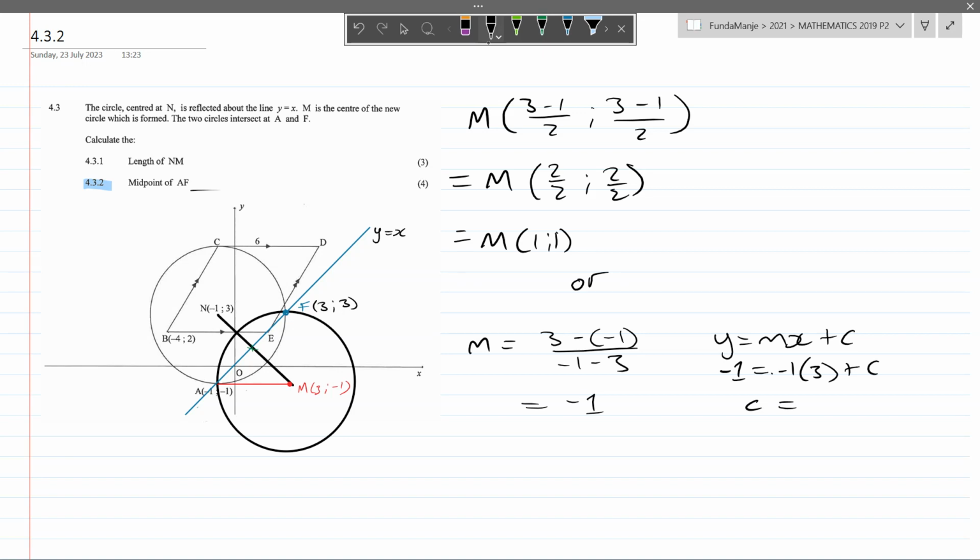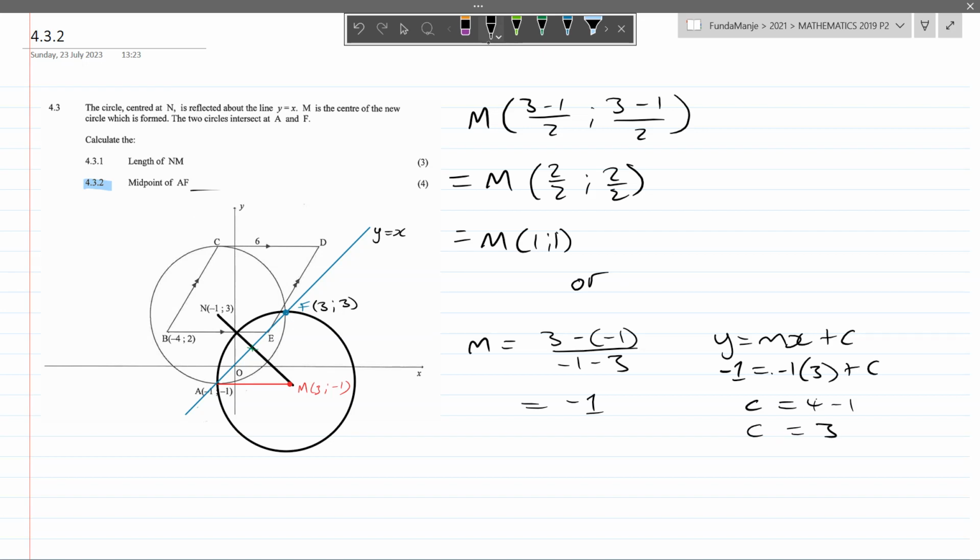So we say the gradient is -1, and substituting the point M, which has the x value of 3 and the y value of -1, this will be -4, taking to the other side is +4, minus 1, and that gives us c equals 3.